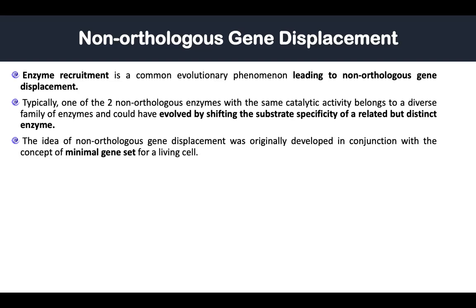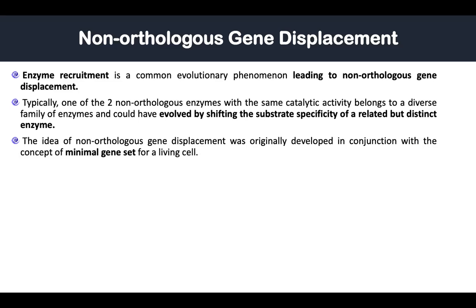So basically, it is certain mutations that have helped in shifting the substrate specificity so that they have the same function, but the mechanism is a bit different, how they do it.